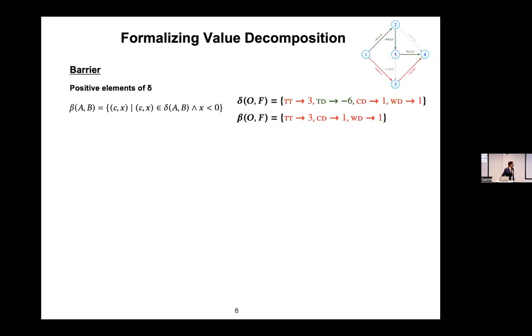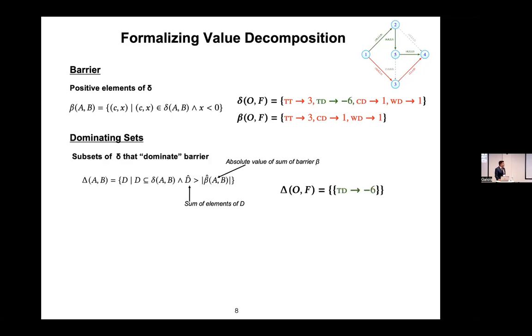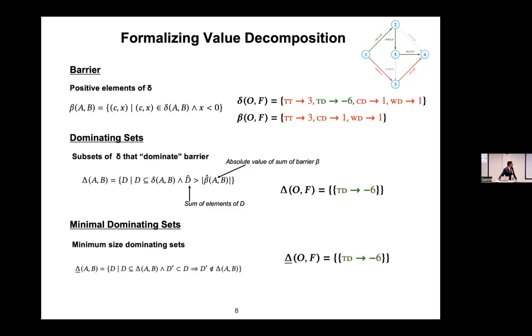So we get together all the red components. These are called barriers for explanation, represented by beta OF, and the overall badness of the barrier is phi. We know that green components have to overcome the barrier. That was the reason why the green path was the optimal path. Here we just have one green element. If we had multiple green elements, maybe we did not need all of them in order to compensate for the overall badness of the red components.